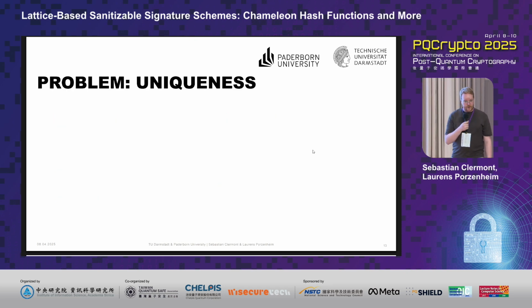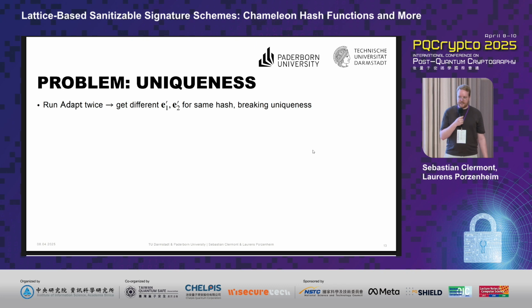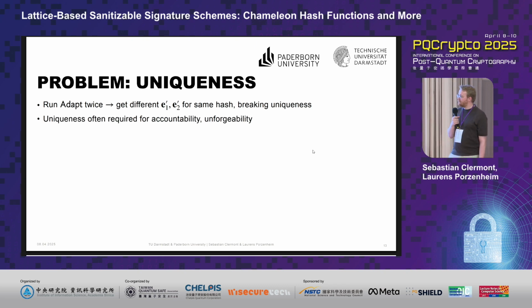Now, we still have a problem because if you run the adapt algorithm twice for the same inputs, you get 2 different randomness values out of there. This breaks the so-called uniqueness property of the Chameleon hash, and the bad thing is that uniqueness is often required for the accountability and unforgeability of SSS constructions.